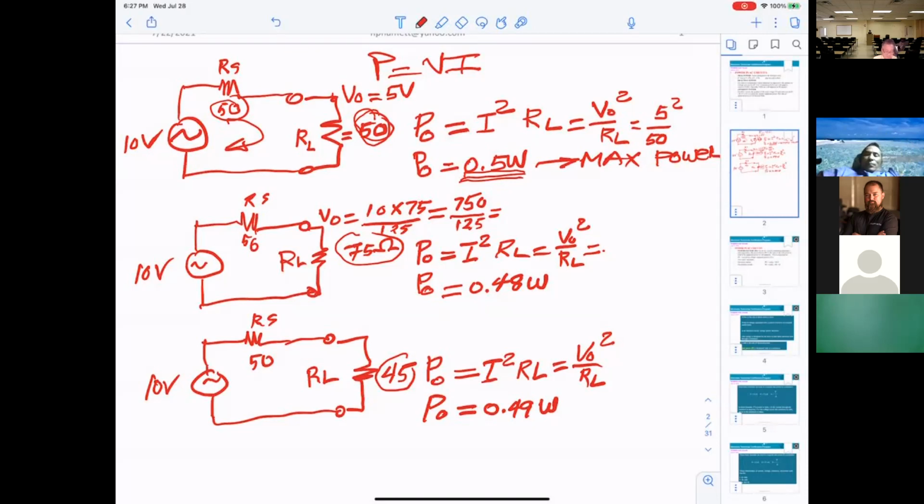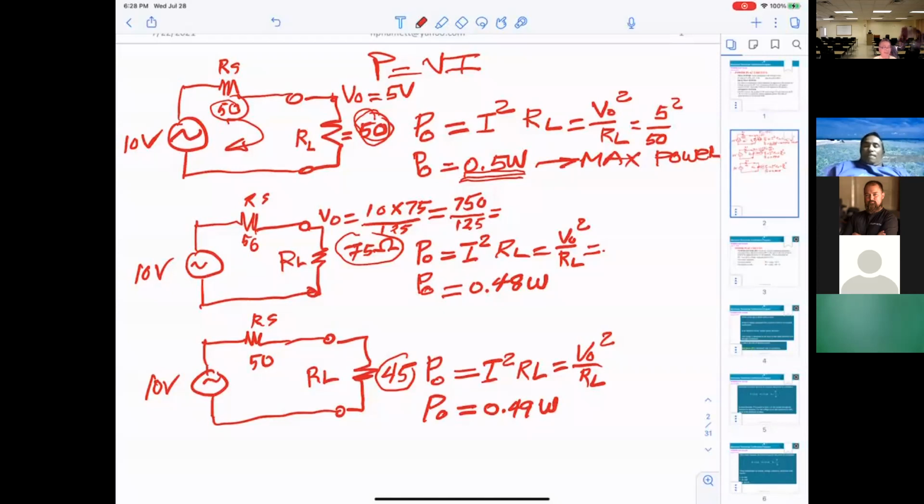Okay. So now you can see that the important thing is matching. Next time, it will not be a long lecture. However, we'll be talking about using the transformer in order to make a matching impedance.